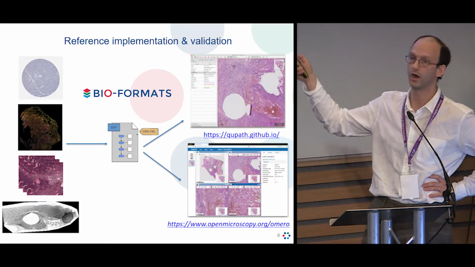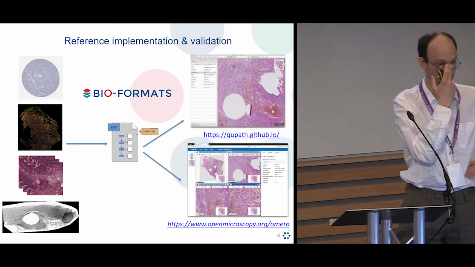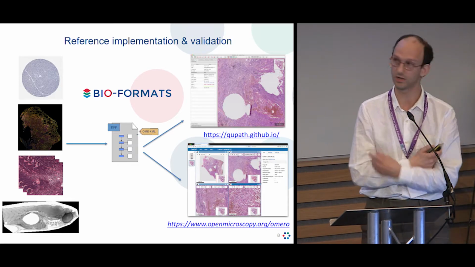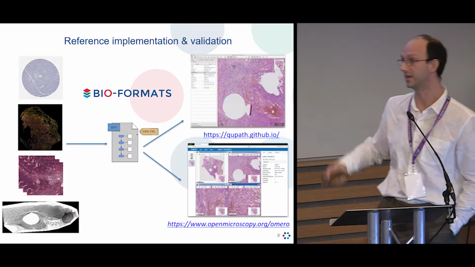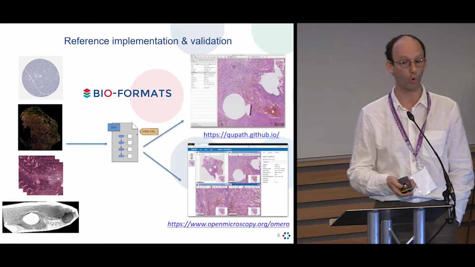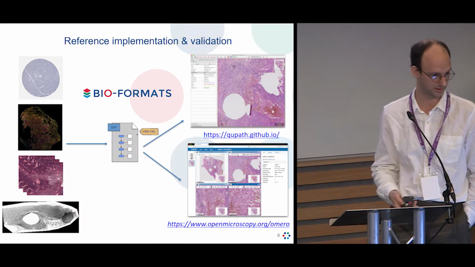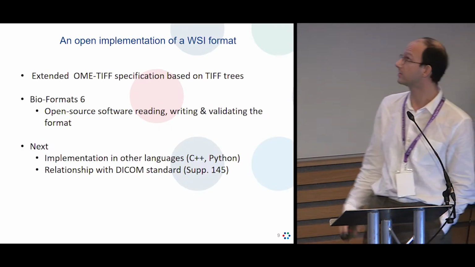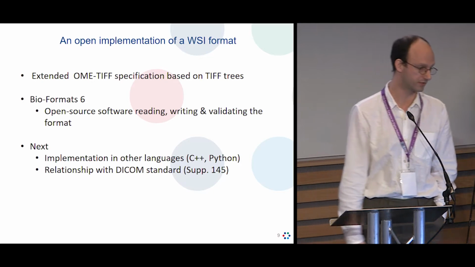One of them is QuPath, a desktop application developed by Pete Bankhead for whole slide imaging. The other one is OMERO, which is a data management system for whole slide images and other modalities. So all of that has been successful, and all of that effectively has been released now at the beginning of 2019.